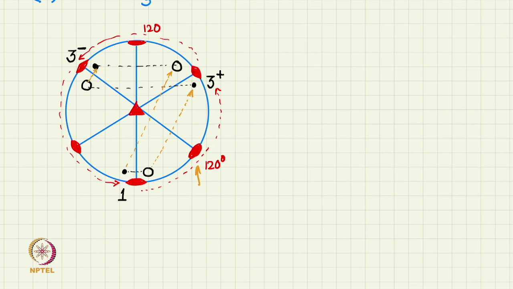All the 6 points which are there are related by this 120 degree rotation about this axis. Similarly, you can see that they are also related by this axis. So, you can relate these 2 points, and these 2 points.